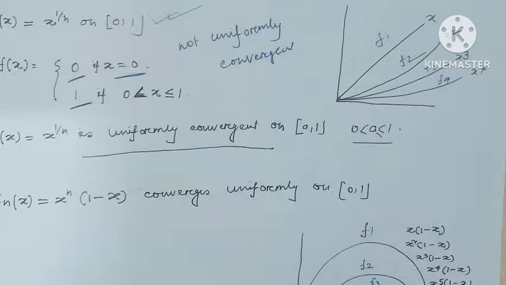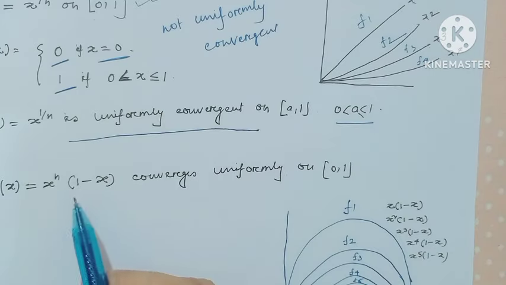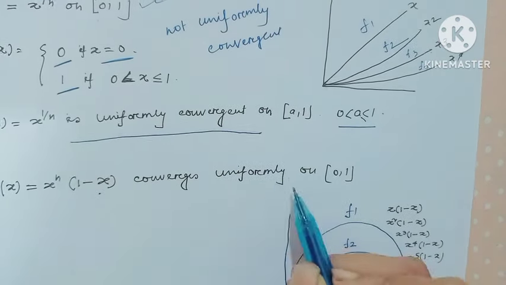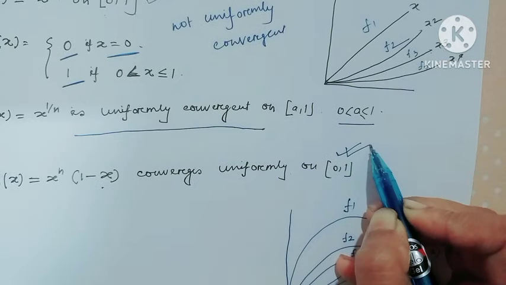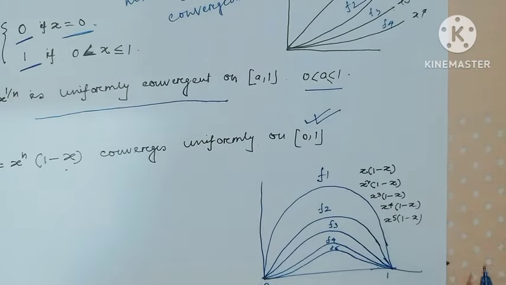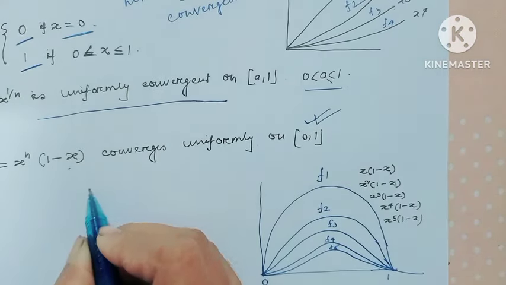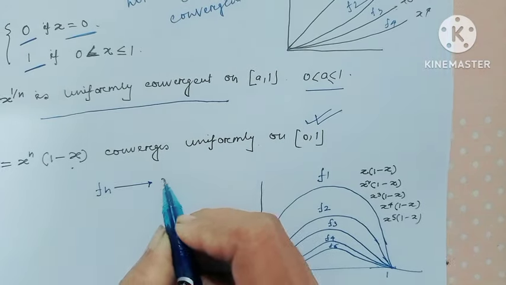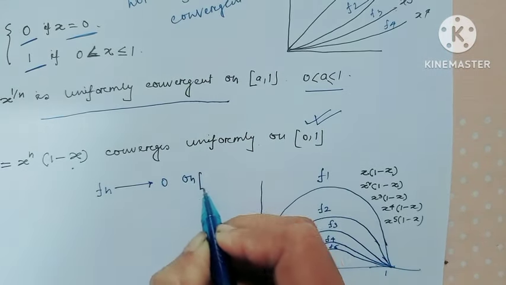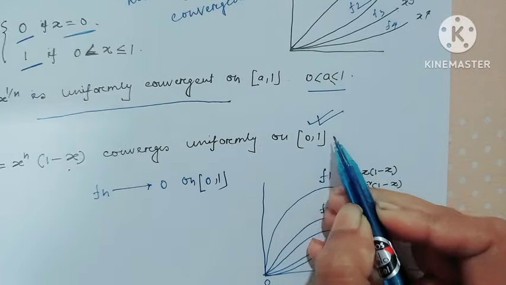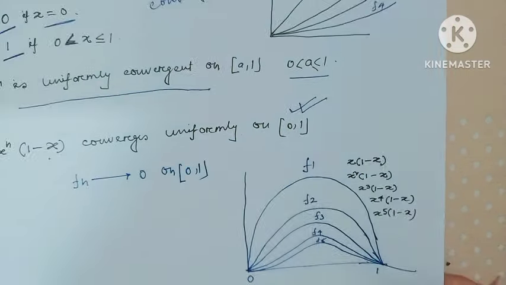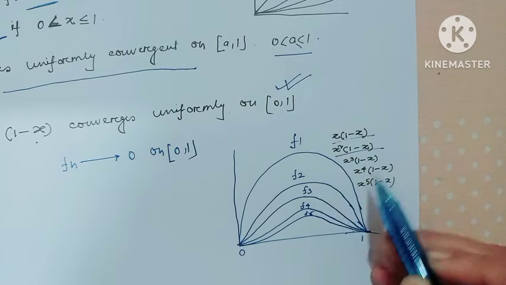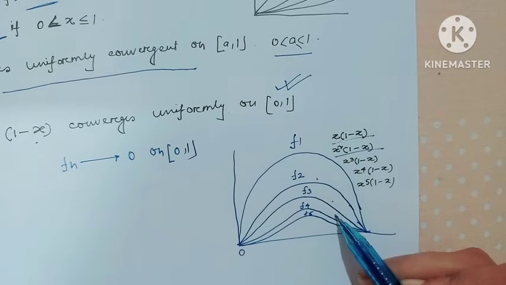Similarly, x to the power n times 1 over 1 minus x converges uniformly on this interval by Dini's theorem, because obviously fn converges to 0 on the closed interval 0, 1. Here the domain is compact, and notice this is f1, this is f2, this is f3, this is f4.